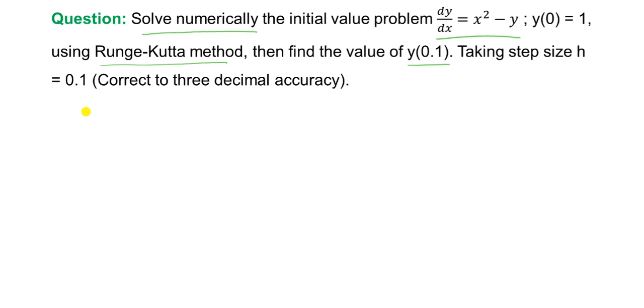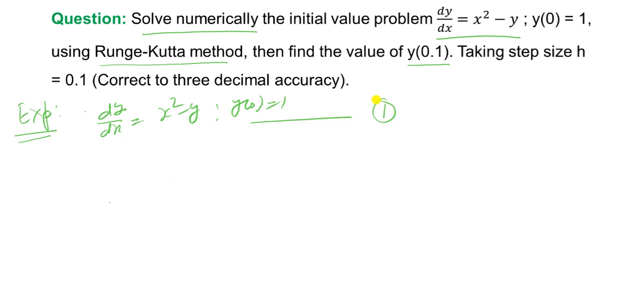So in that case, the explanation of this problem is: given the initial value problem dy by dx is equal to x square minus y with the condition y of 0 is equal to 1. Say this is equation 1. Now compare equation 1 with the standard initial value problem dy by dx is equal to f of x, y under the condition y of x naught is equal to y naught.